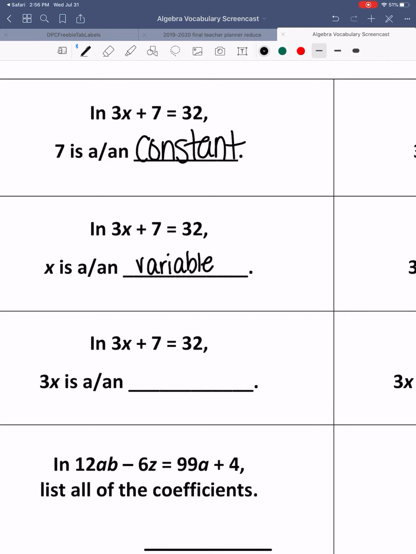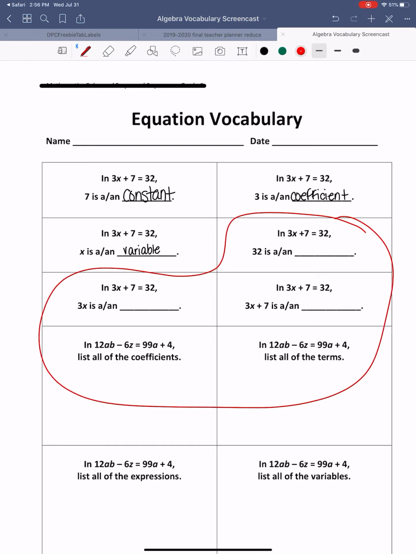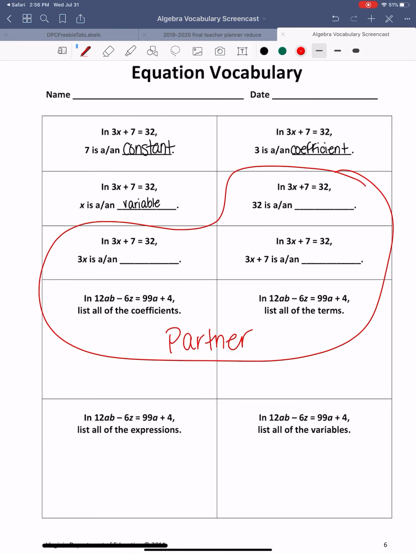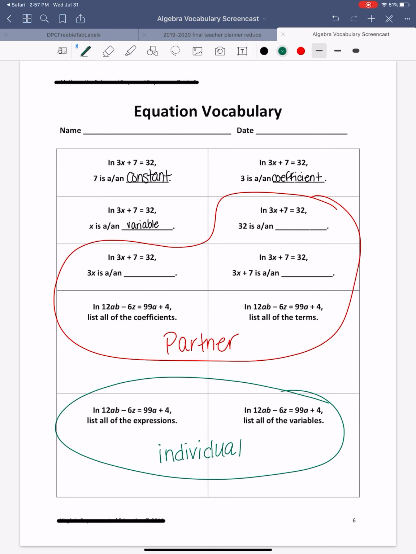So you're going to go ahead and copy that down. These next ones here are going to be with a partner, and these last two are going to be individual on your own. I'm going to set the timer, and then after about 7 minutes, we're going to come back and review the answers together.